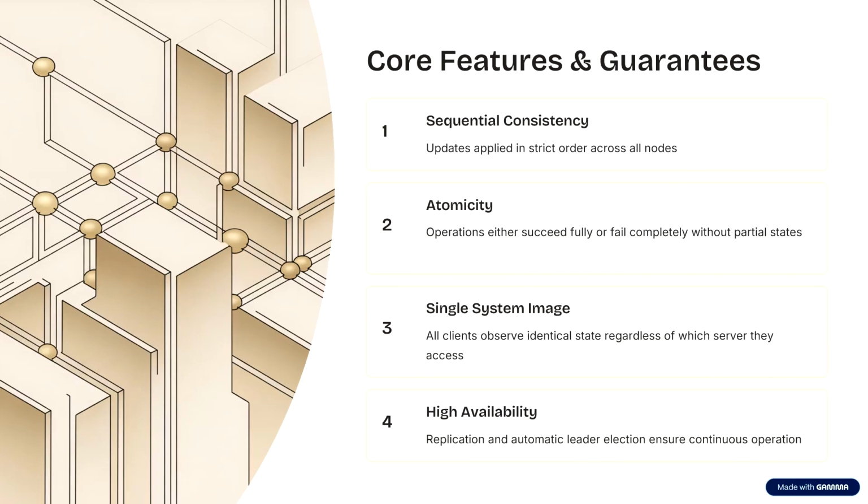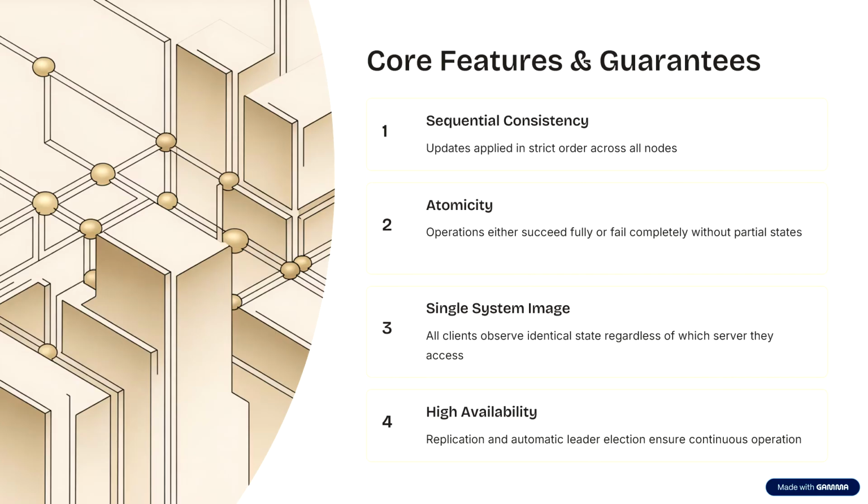Atomicity means every operation either completes fully or not at all. No partial updates. And third one is single system image. All clients see the same data, no matter which server they connect to at which time. They see a single system image.